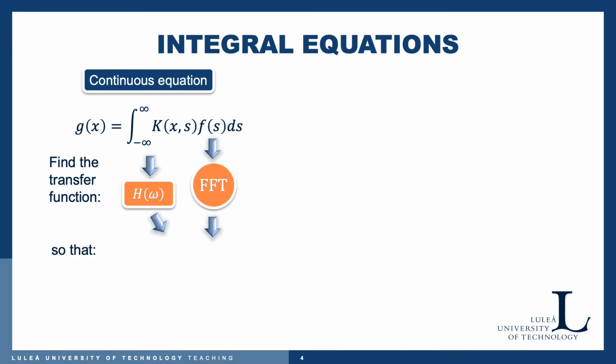What we now will look into is possibilities of finding a transfer function, which, if we take this transfer function being the Fourier transformation of the kernel, and the Fourier transformation of the function f, put them together just by multiplication in the frequency space, then we obtain the Fourier transform of the function g of x.